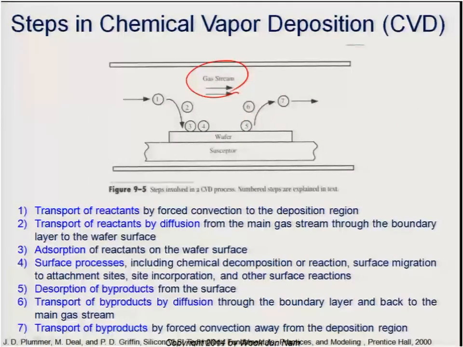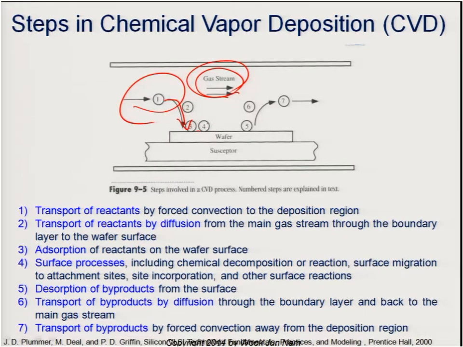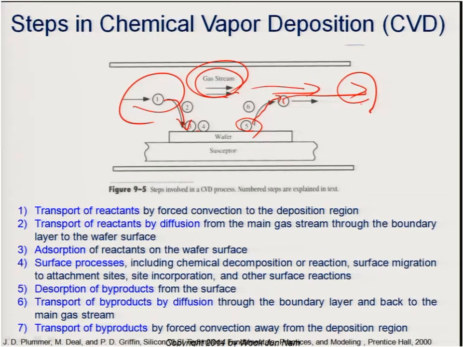The reaction gas diffuses to the substrate and is absorbed, and then it makes chemical reactions, and the chemical reaction makes reaction byproducts, and eventually those byproducts diffuse out, merge into the mainstream of the gas flow, and are removed. So this is the basic process happening on the substrate using chemical vapor deposition.